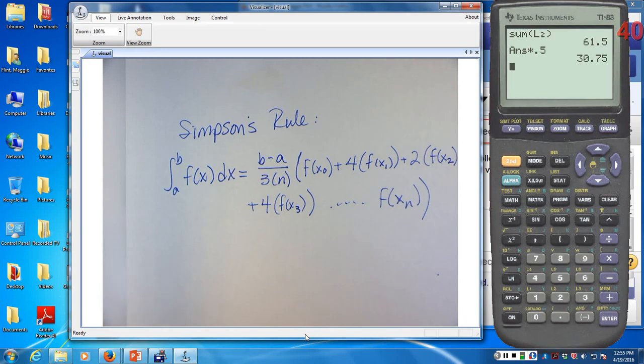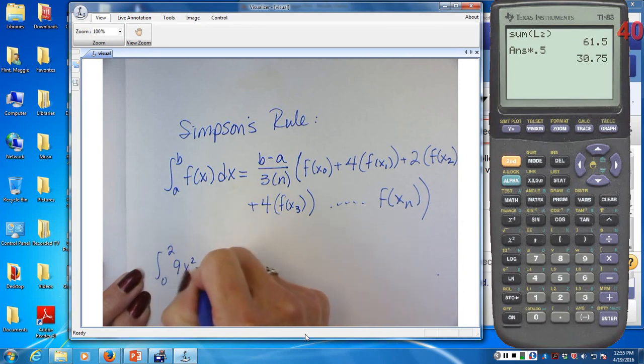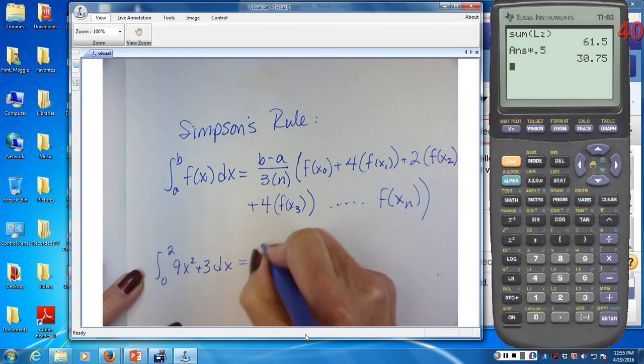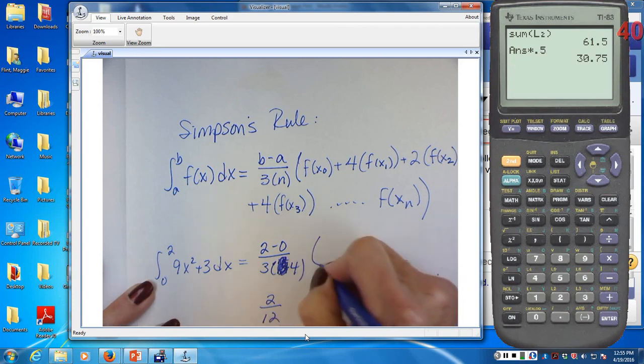So in our problem, we're going to have the integral from 0 to 2 of 9x squared plus 3 dx is equal to 2 minus 0 over 3 times 4, which is going to be 12. I shouldn't write and talk at the same time. It's going to be 2 over 12 times that sequence.